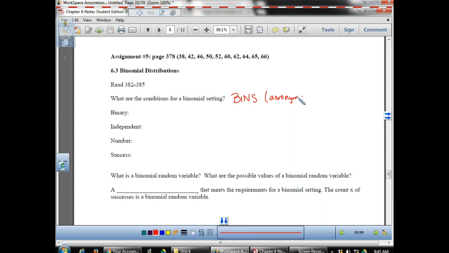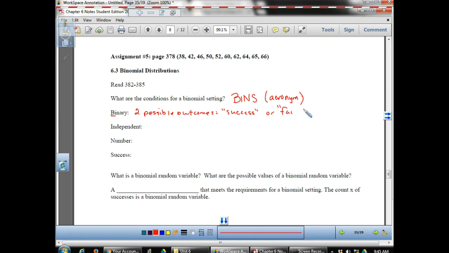B is for binary, because you have two possible outcomes. You know, binary, the root word is bi, means two possible outcomes. And we will label them as "success" or "failure."